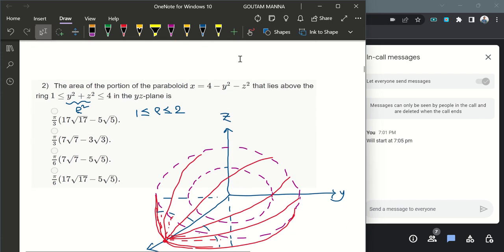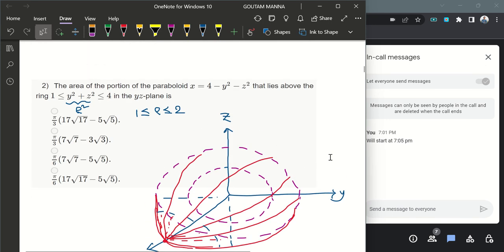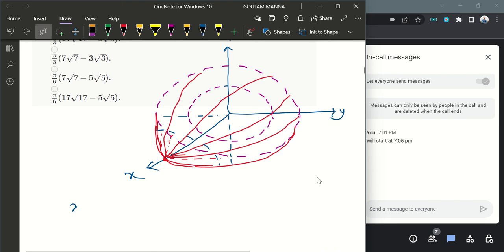So then let's parameterize this surface. The equation of the paraboloid is given as x equals 4 minus y square minus z square.